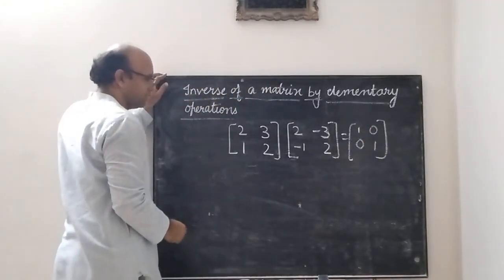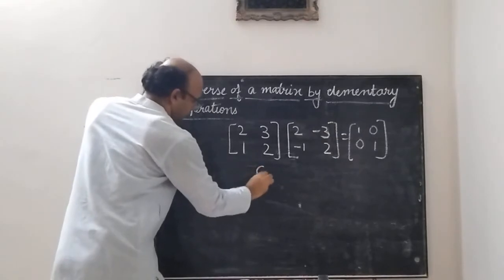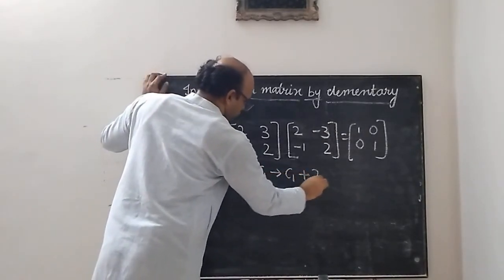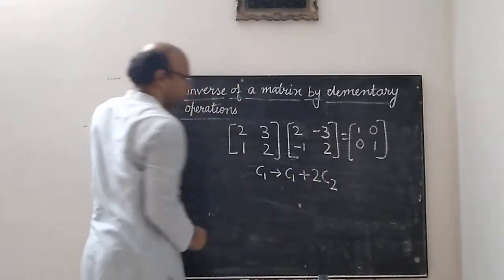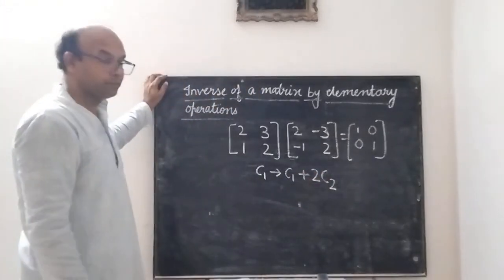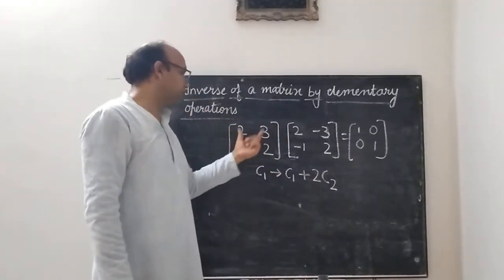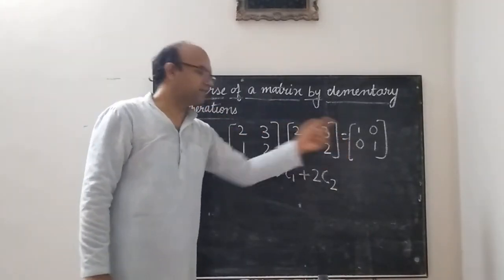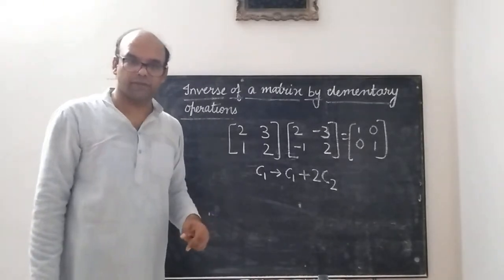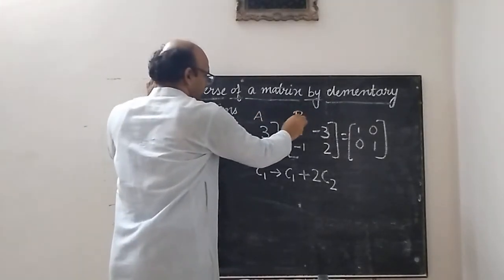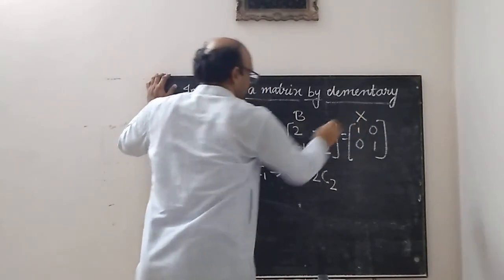And suppose it says apply C1 becomes C1 plus 2 times C2. So what will we do? Will you apply this operation on all three of the matrices? Suppose I name them A, B and X.